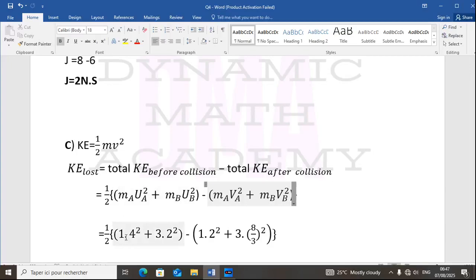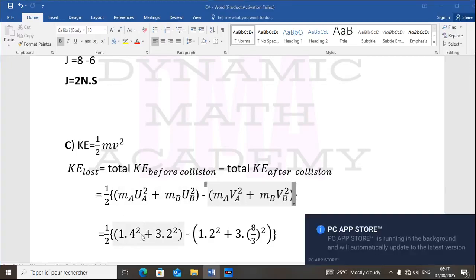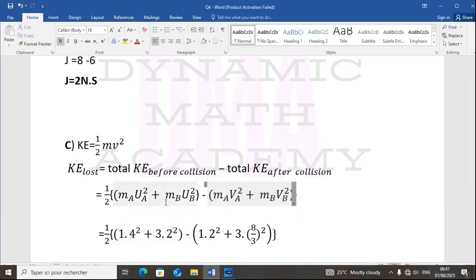Initial velocity of A was found to be 4, then the mass of B is 3, the initial velocity of B was given to be 2. Then the mass of A, same thing, 1. Then the final velocity of A was found to be 2 now. Mass of B given to be 3. And the final velocity of B was found to be 8 on 3.